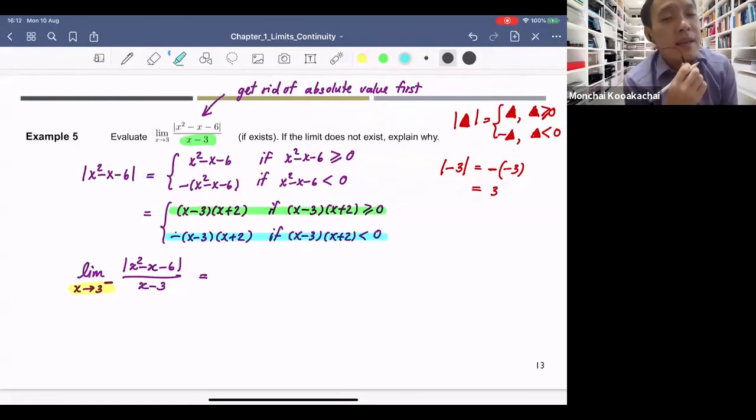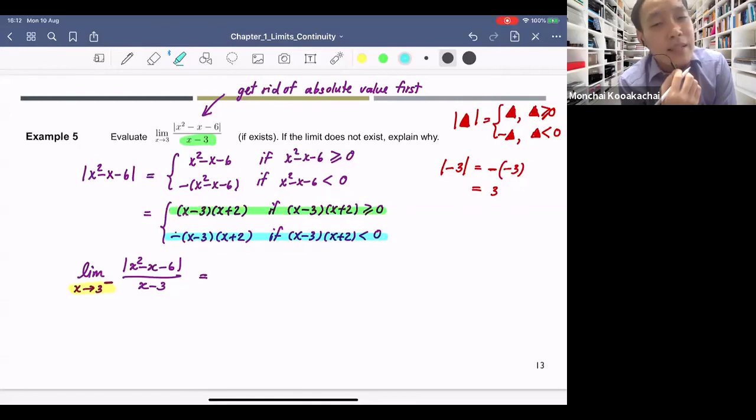What do you think? When x approaches 3 from the left, like 2.9999999, you can try to plug the number 2.9999999 into the green one and the blue one that I highlighted. Which one is correct? That one is the one you have to use.